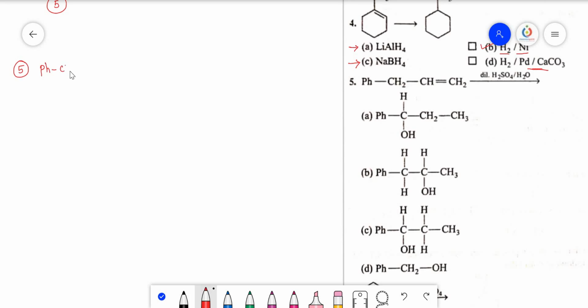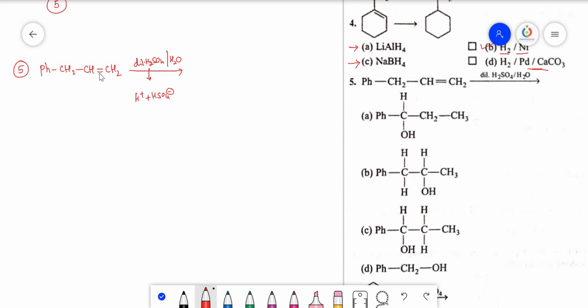So Ph-CH2-CH=CH2 with dilute H2SO4 in the presence of water. Even water is not necessarily to be written. Once dilute H2SO4 is used, automatically you have to think that water is present in that H2SO4. So it gives H+ and HSO4- ions.